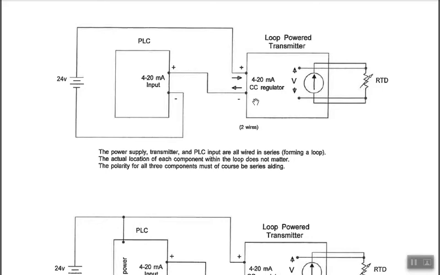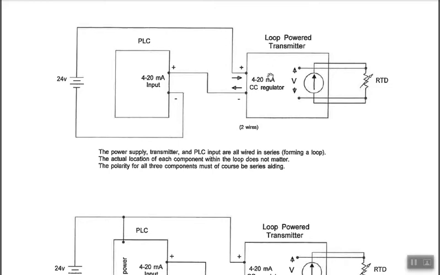I hope that distinction between current regulator and current source is what pops into your mind when you're trying to wire one of these up. So a loop powered transmitter, a 2-wire transmitter, behaves as a regulator in series with the current loop.